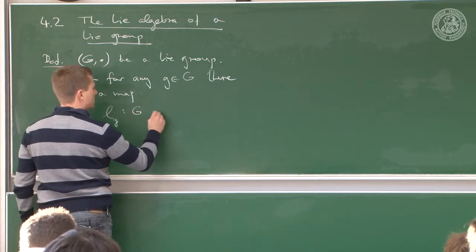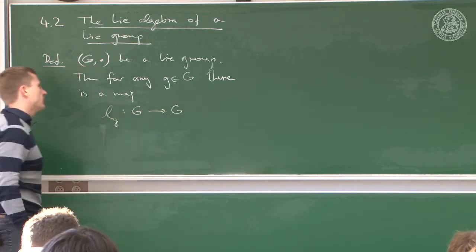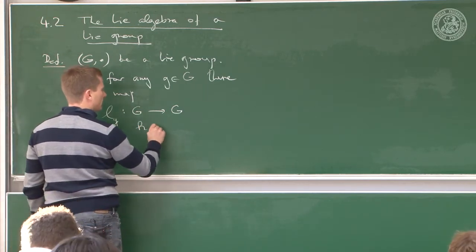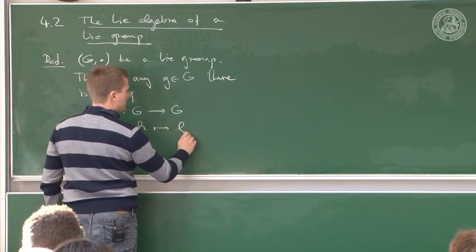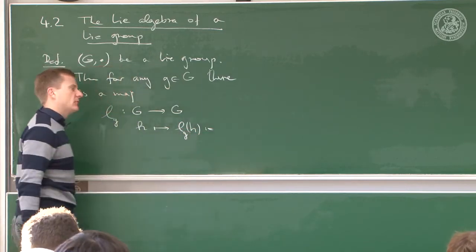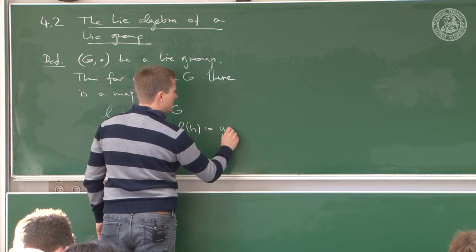And it does something extremely simple. It maps you from the group into the group, and it takes an element h of the group, and it maps it to the element L sub g of h, and that very simply, and what else should it be, is g blob h.